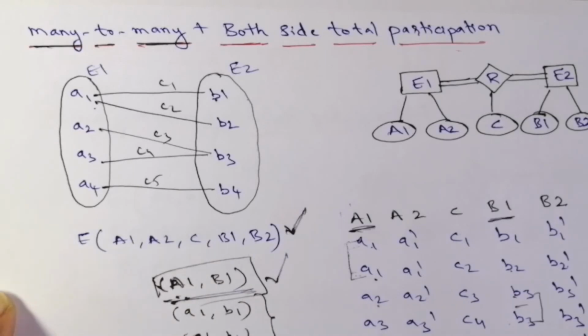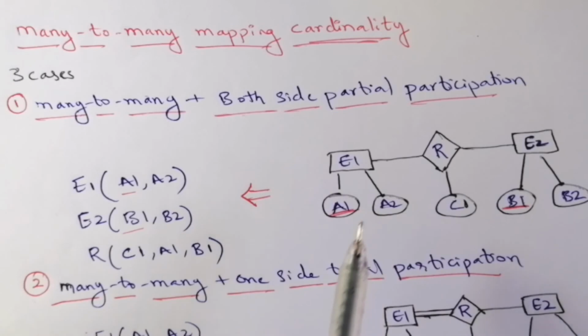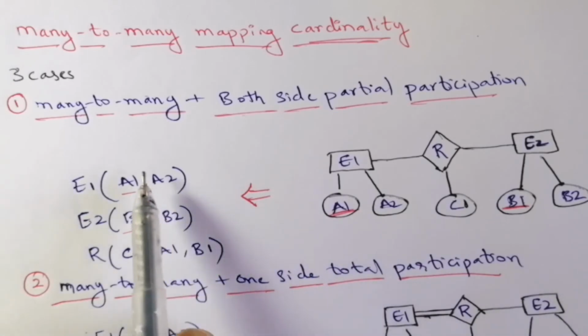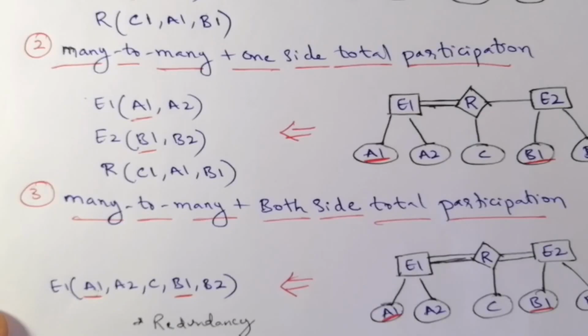So this is about the many to many mapping cardinality with partial and total participation. So you have to remember these formulas while converting an ER diagram. If you remember this, you can easily solve the ER diagram. We have discussed how this originated, right? So in the next class, let us take a few examples.